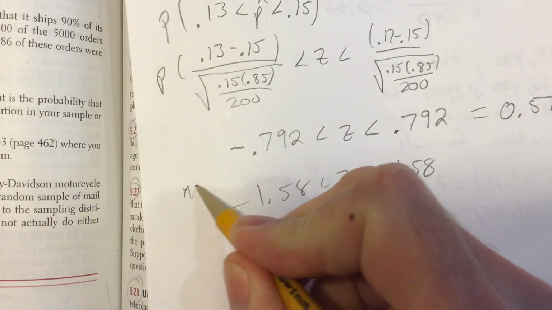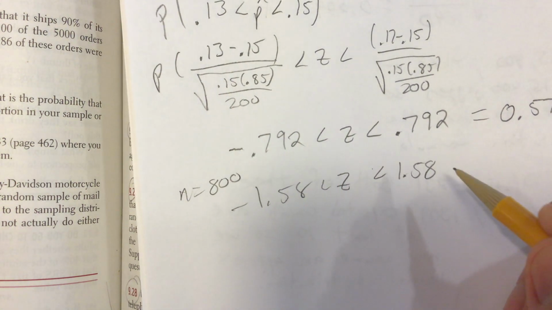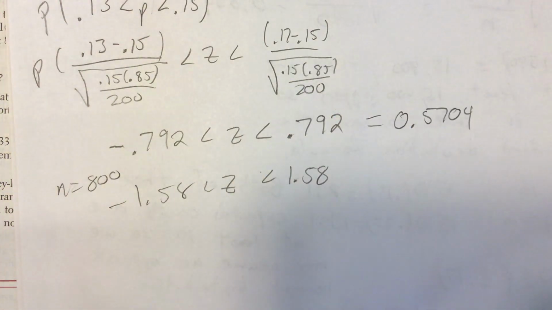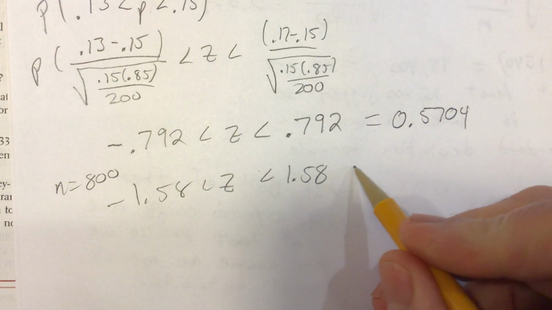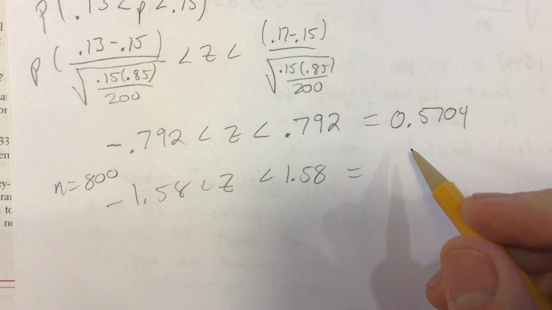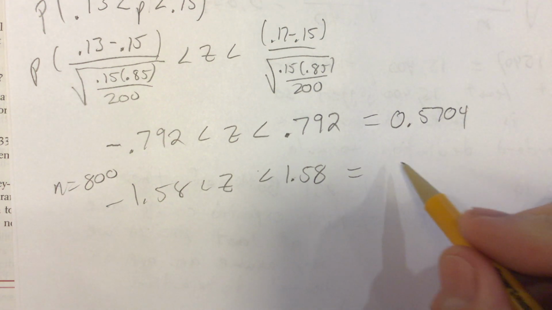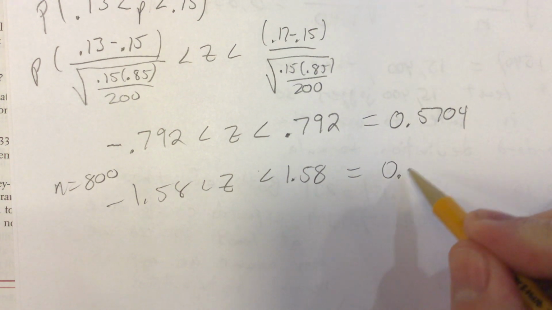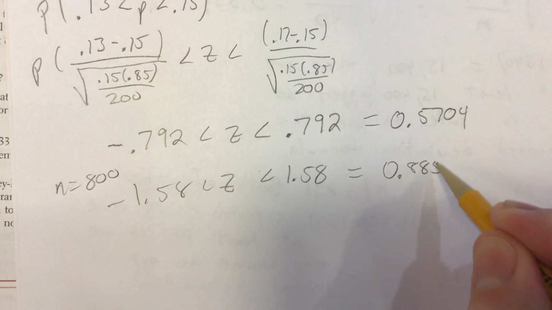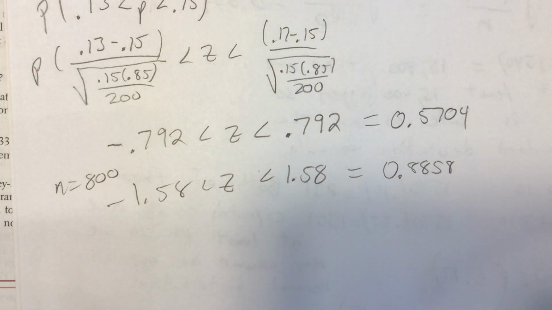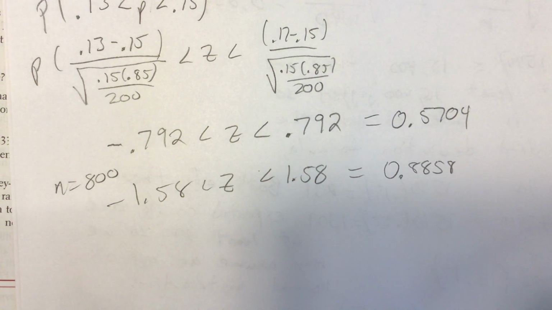Okay, so this is n equal to 800. Same work as above, just change the 200 to 800. And we will get a much higher probability, right? Because the larger sample size is going to cut down on our variation, and it's going to be much less likely to find things that are more than 2% off the mark.